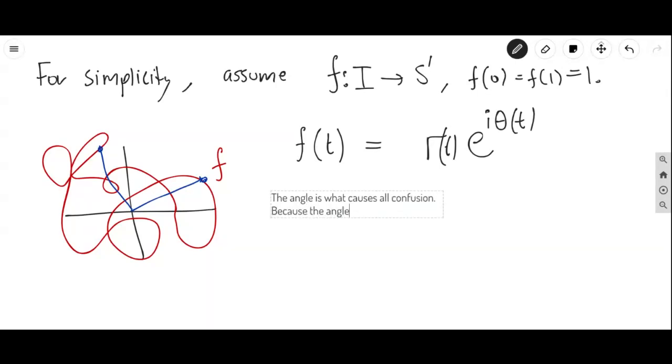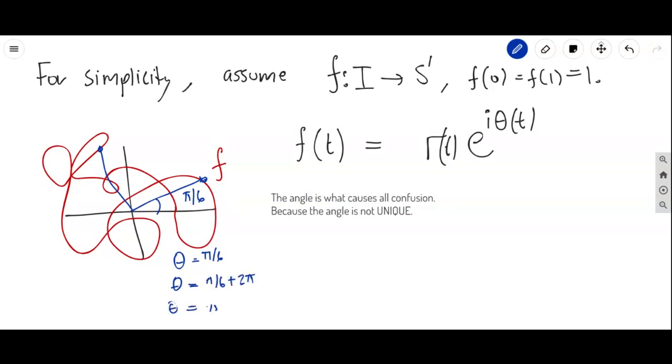Because the angle is not unique. You can define the same angle in many different ways. So for example, here we have a point. What's the angle over here? Let's say it's pi over 6, 30 degrees. But you can also add 2 pi to that, so you can say it's pi over 6 plus 2 pi.